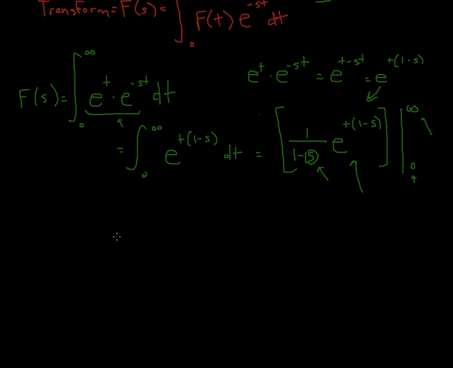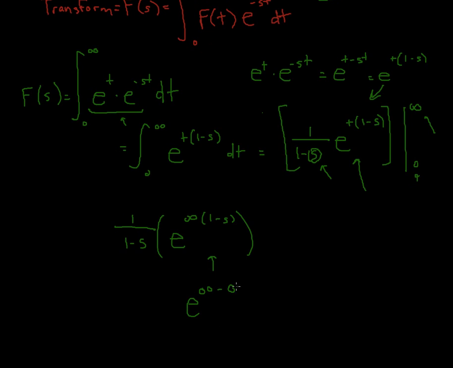When you plug in infinity, you get 1 over 1 minus s times e to the infinity times 1 minus s, and that will be 0, because e to the t times 1 minus s, with s greater than 1, goes to 0 as t goes to infinity.